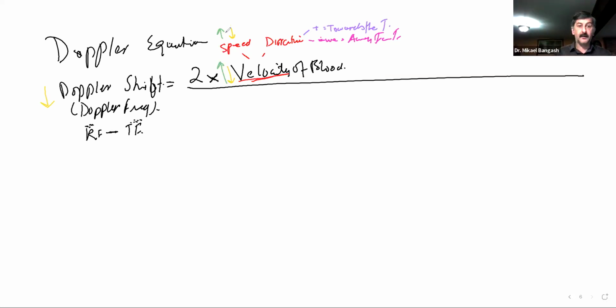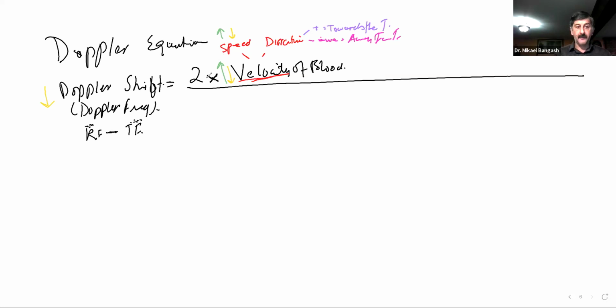On the other hand, if the blood was flowing at a great speed, great could be either great positive or great negative, because the negative and positive will just be determined by the direction. But if the blood was flowing fast, which means at a high speed, that will give us a high velocity.